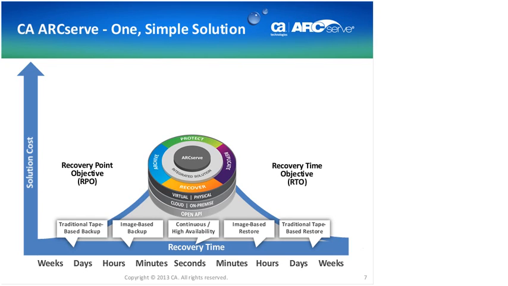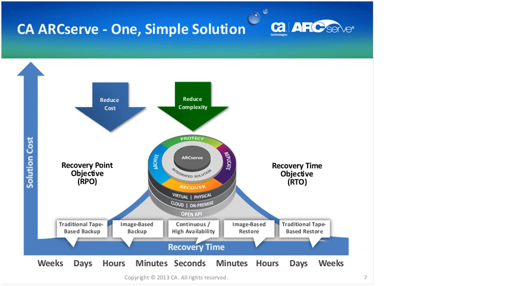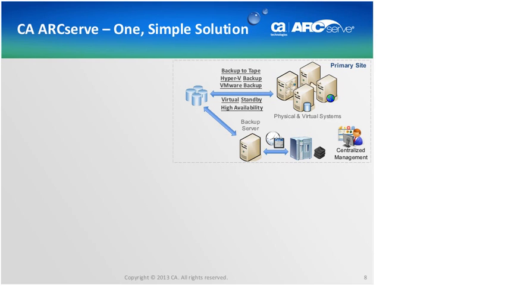The objective of the solution is to reduce cost for the customer, to reduce the complexity of management, and to improve the capability when it comes to designing a data protection solution for the customer.